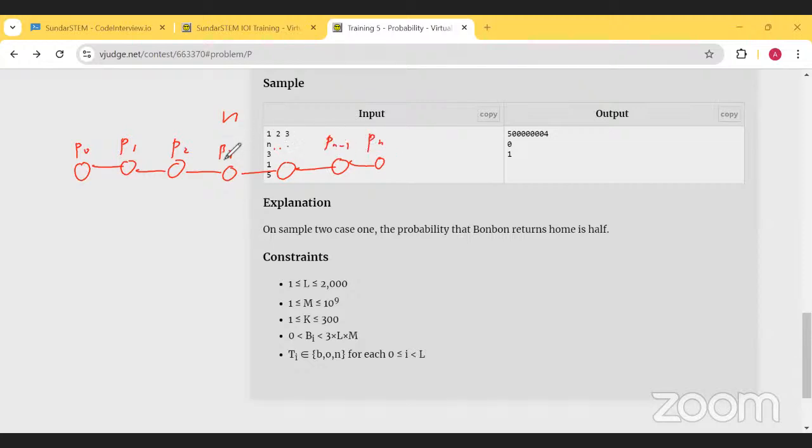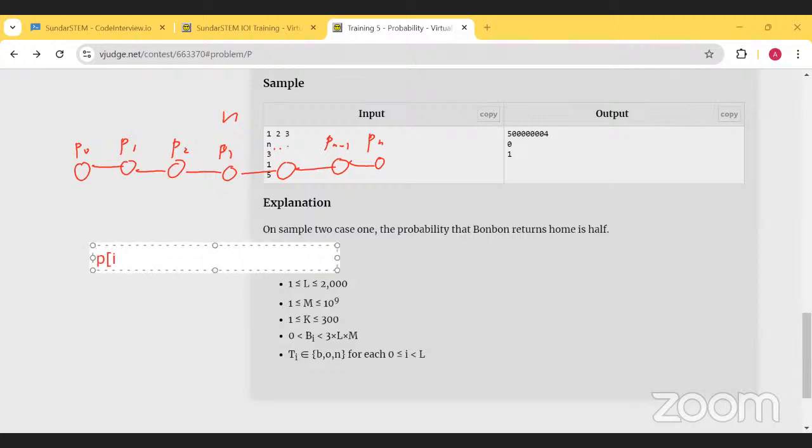P3 means the probability to win the game if we start from node 3. And then how to compute them? To compute all of them, we have to know about it.